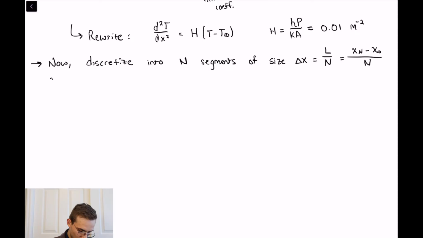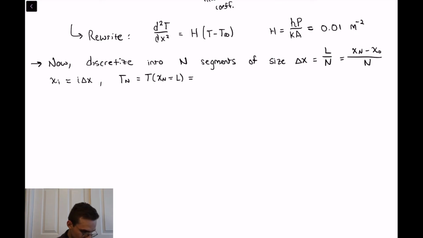We can write the value of x at every grid point as x sub i, which would just be i times delta x, since we're setting x naught equal to 0. And then we have T sub n, which is just T evaluated at x_n, which is equal to L, of course.